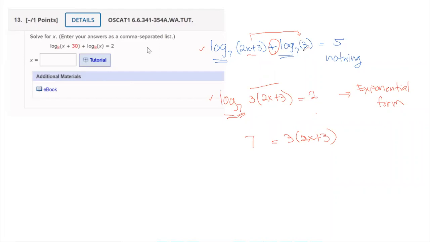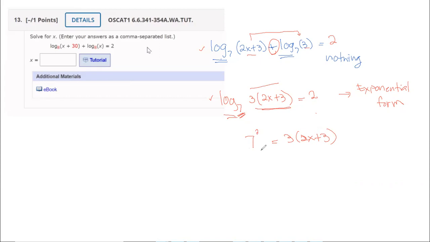Let's pretend that my problem is this: the original problem equals 2, so now I have base 7, exponent 2, equals all of this as my argument.